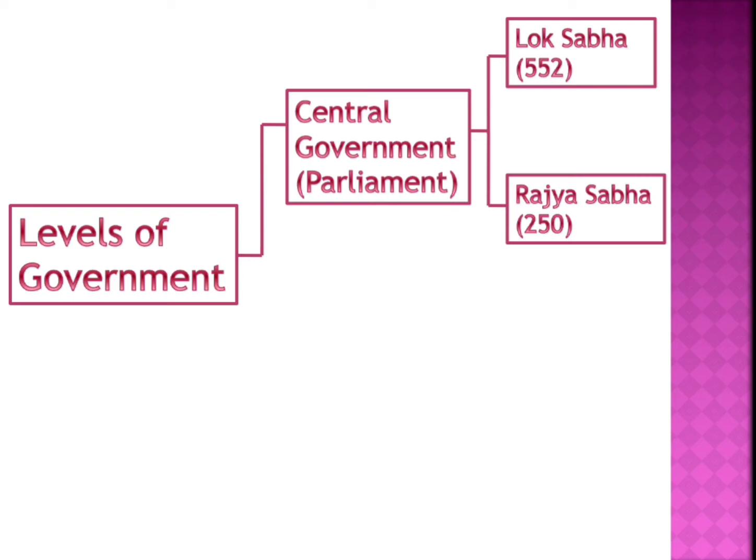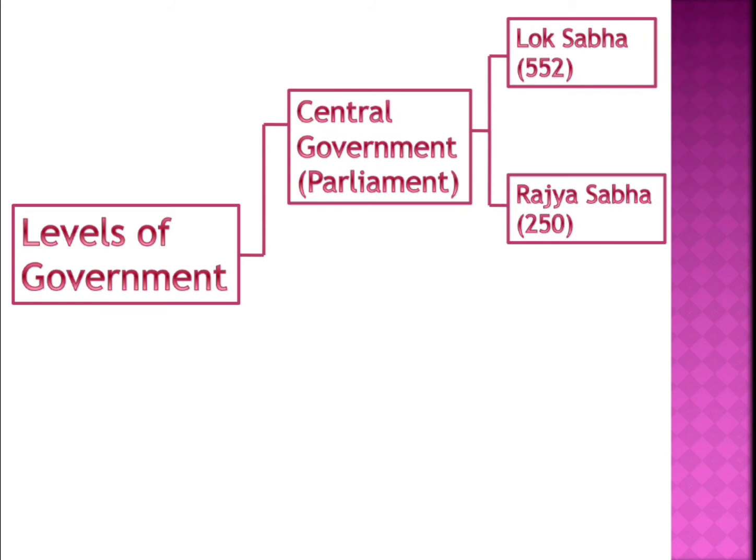The members of the parliament are usually elected by different political parties, not directly by the people. And who are the people who are electing them? The people whom we elected. So we elect the members, and those members will be electing the members of the parliament. Okay, children?